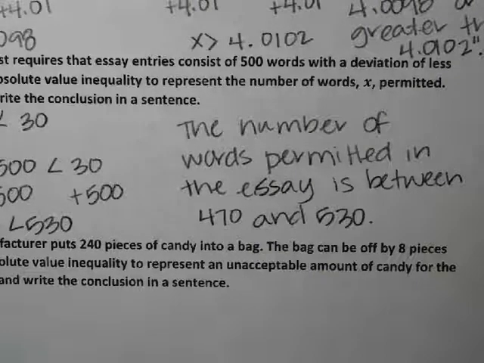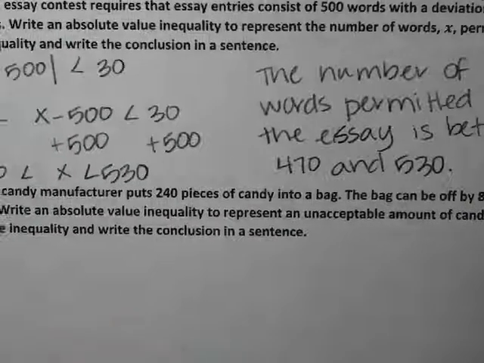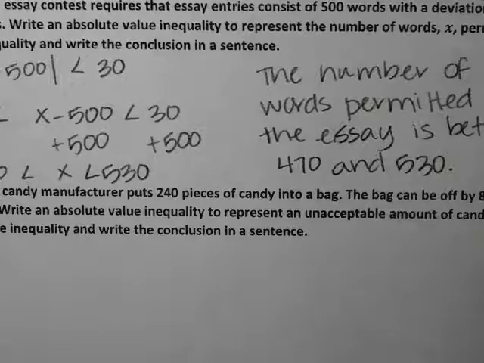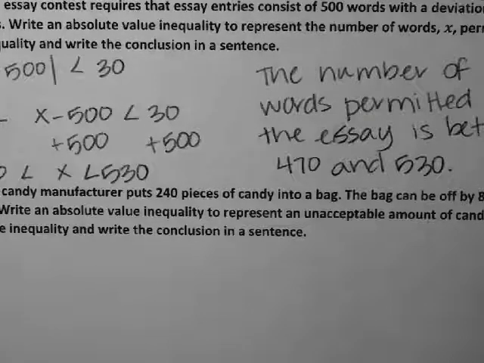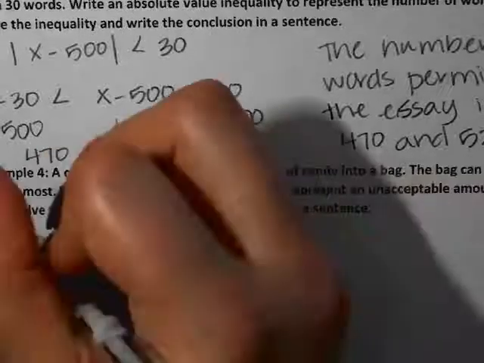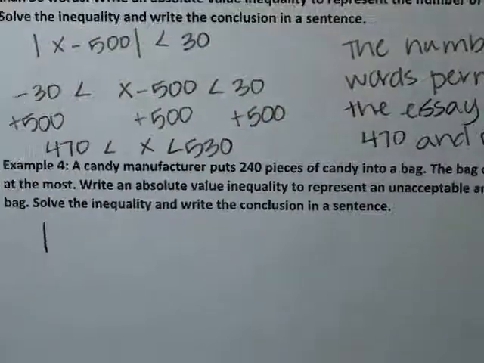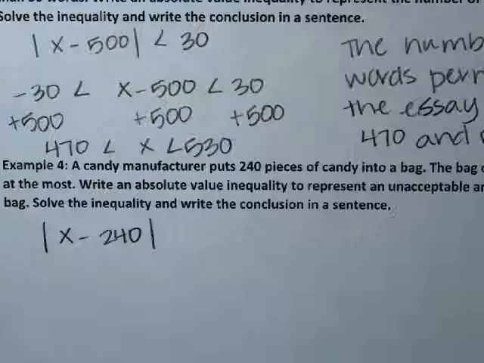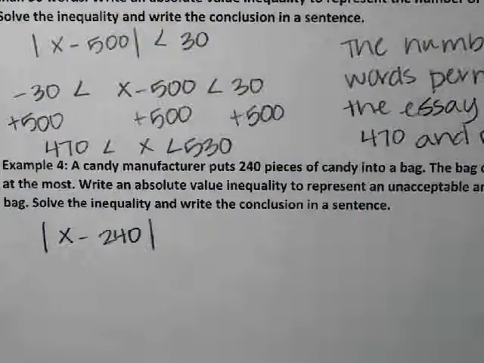Okay. A candy manufacturer puts 240 pieces of candy in a bag. The bag can be off by 8 pieces at the most. Write an absolute value inequality to represent an unacceptable amount of candy. Okay. So what do we start with? X minus 240, okay? And we want to show what is unacceptable.